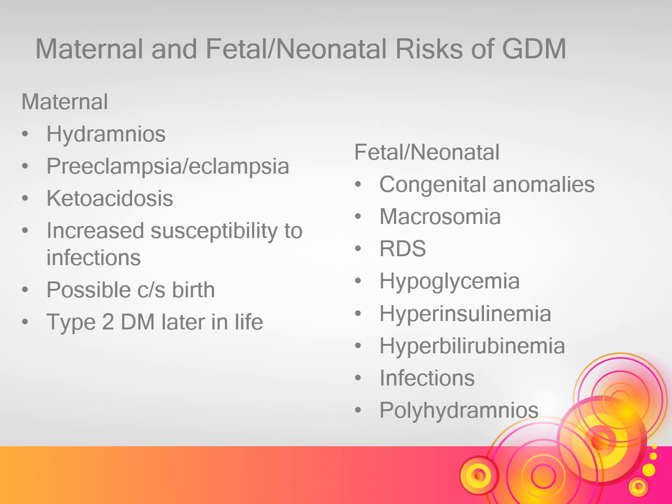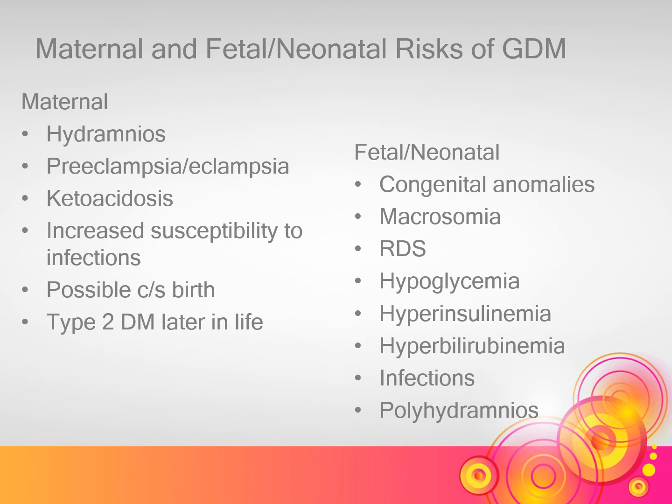Maternal and fetal and neonatal risks of gestational diabetes. So mom can have hydramnios, which is the result of excessive fetal urination because of the fetal hyperglycemia. This condition could lead to premature rupture of membranes and the start of labor.